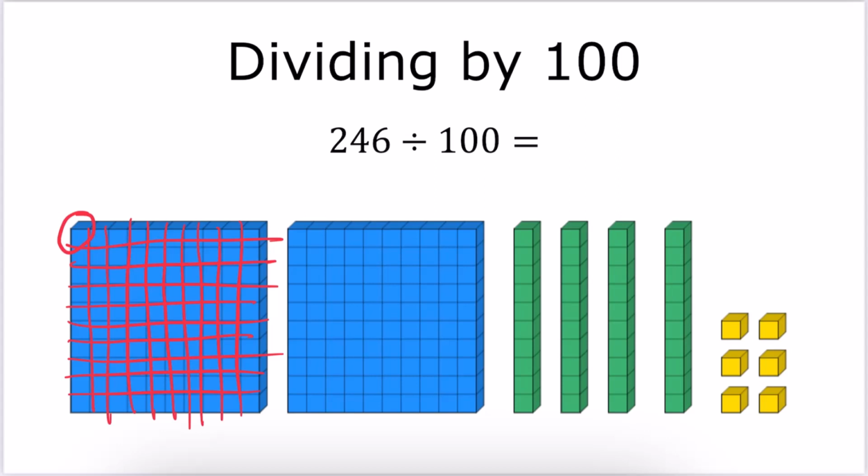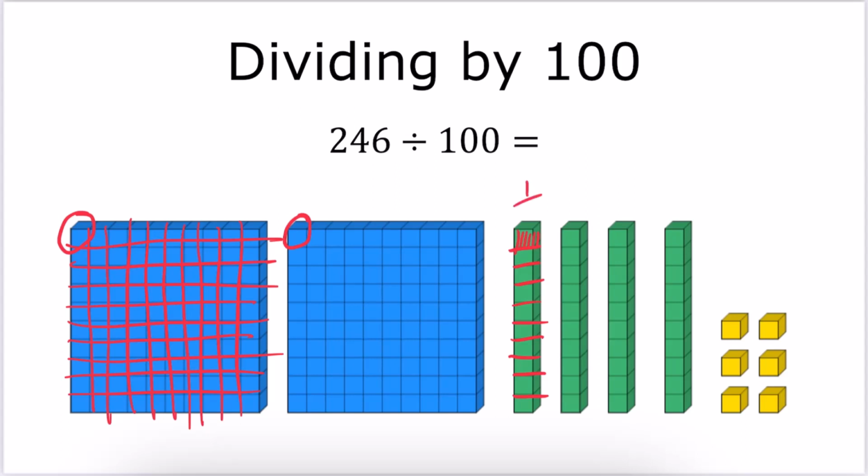And if you cut the second 100 into 100 equal sized groups, you would get another unit block. If you were to take a 10 block and split it up into 10 equal sized groups, and then take each of those and split those up into 10 equal sized groups, then you would get a tenth from each one of these.